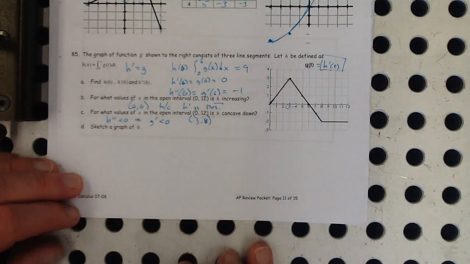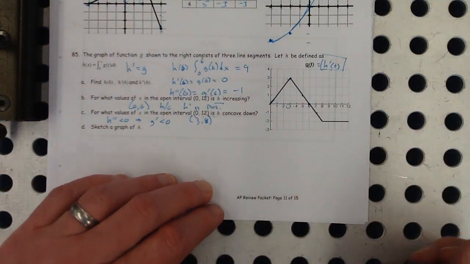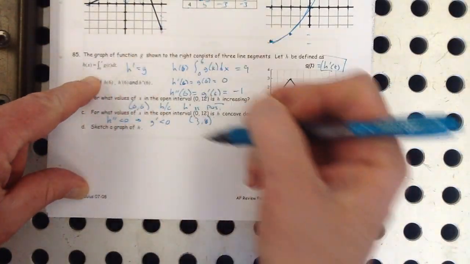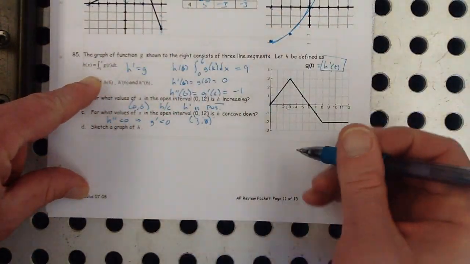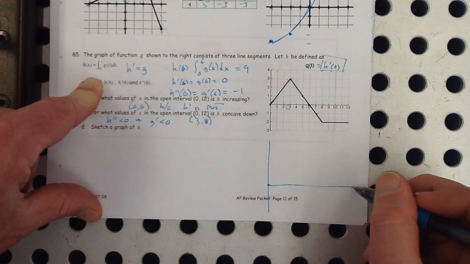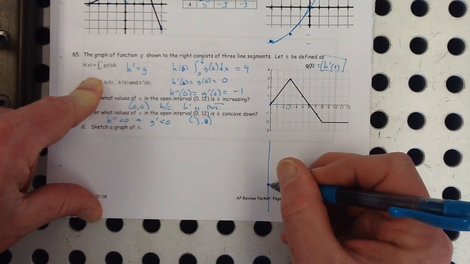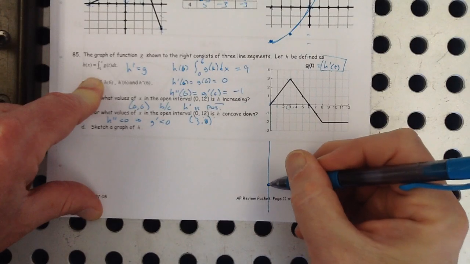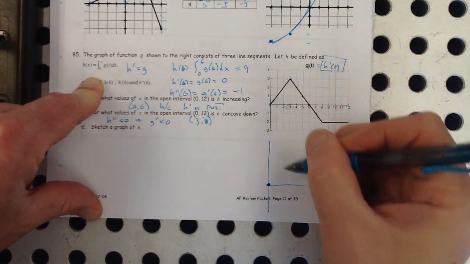And then I want to sketch a graph of h. Well, at 0, when I plug 0 into the h function, I have the area from 0 to 0, so that starts at 0. And then increasing up to this point.